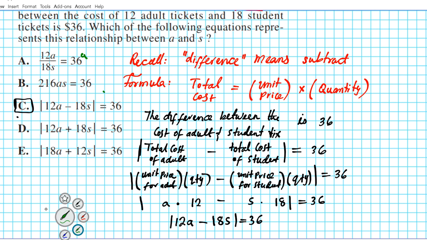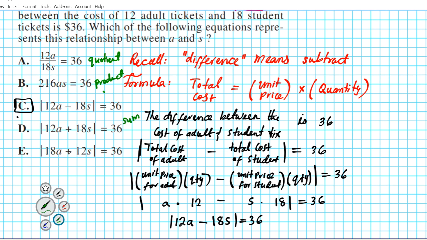Option B is the product. Remember, product means multiply, so product is multiplication. That's what's happening with B. Option A is the quotient, which is division. Option C is the difference, minus, which is what we're looking for. Option D is the sum, which is addition.